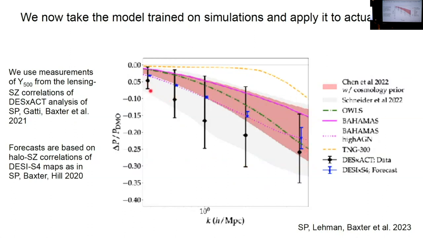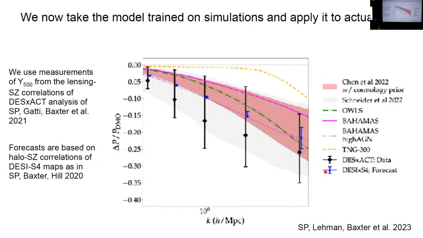We compare that to either the OWLS simulation that you just saw or to BAHAMAS and TNG. It does seem like even from this probe, the OWLS simulation performs pretty well, and it also agrees pretty well with all the previous studies.